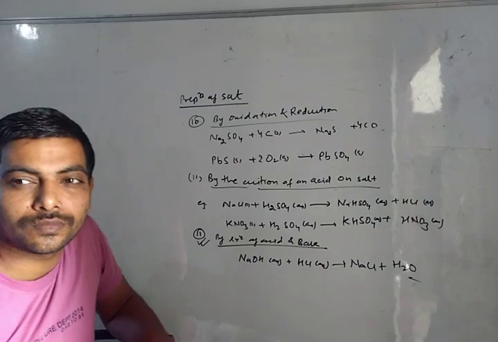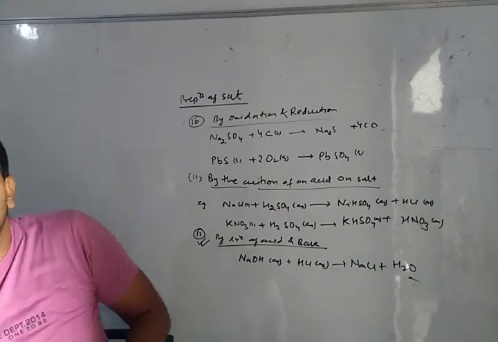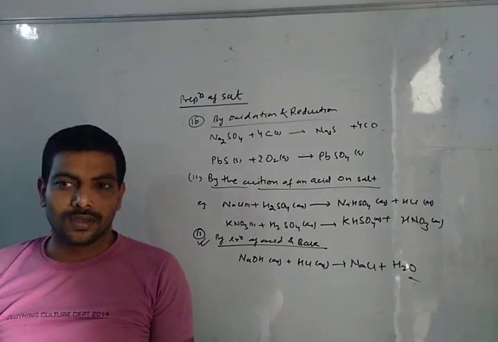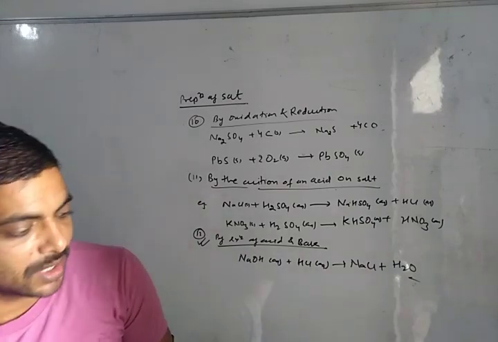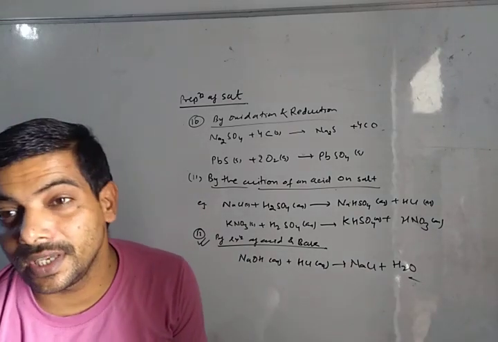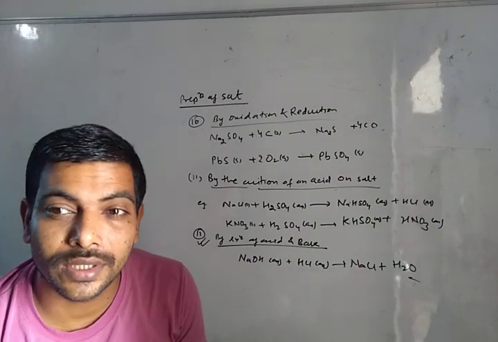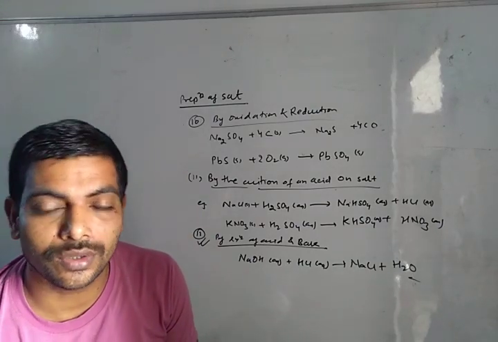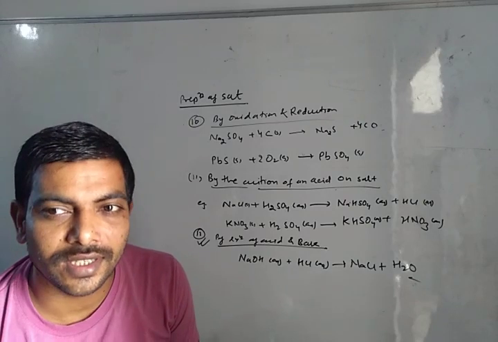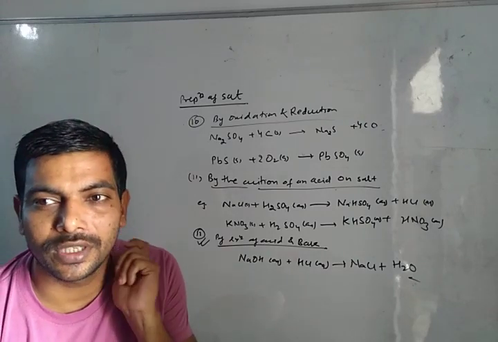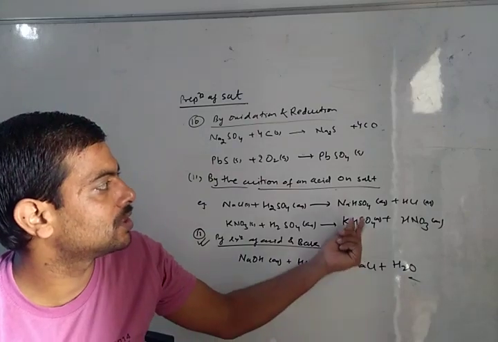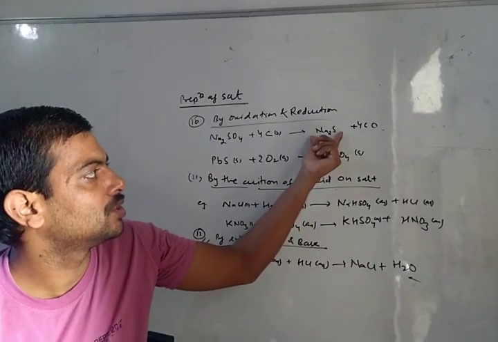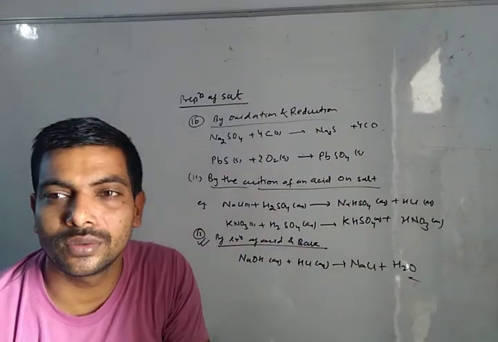Now after this level we are able to solve several small types of questions, like what is salt, or name the reaction of an acid and a base. It is called a neutralization reaction. And you are very much familiar with the names of salts, for example sodium chloride, potassium hydrogen sulfate, lead sulfate, sodium sulfide, and so on.